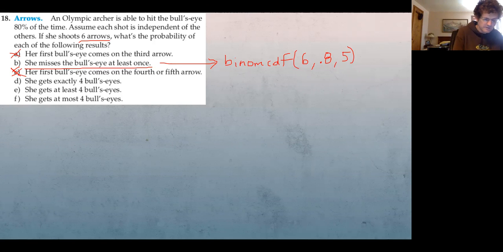What's our probability here? You can just shout it out or you can write it, your choice.